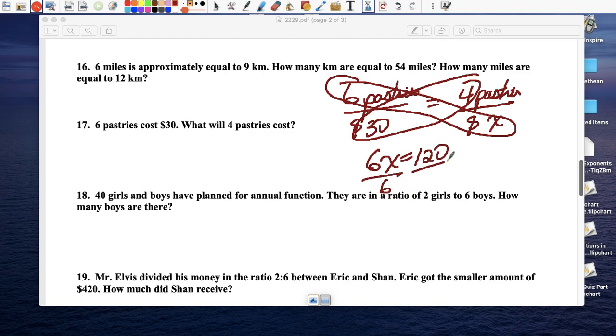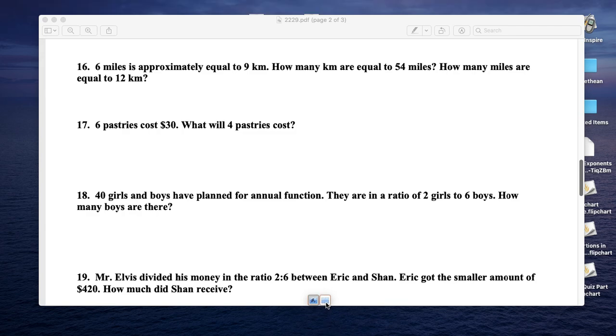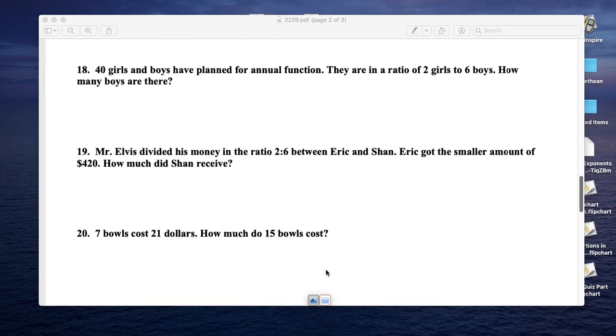Divide by 6, divide by 6. This simplifies to 1. X equals 20. So 4 pastries is going to be $20. Pretty repetitive, no? That's just repetitive.